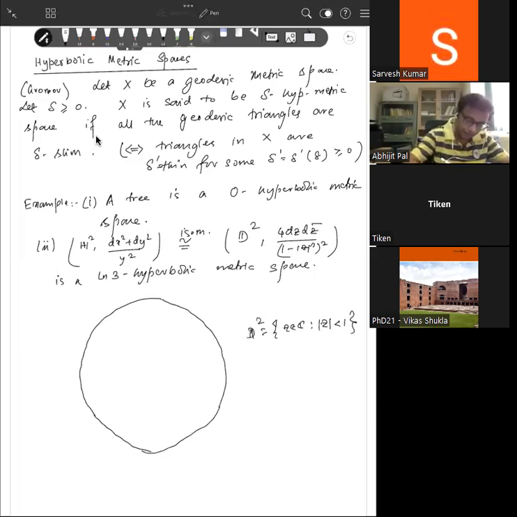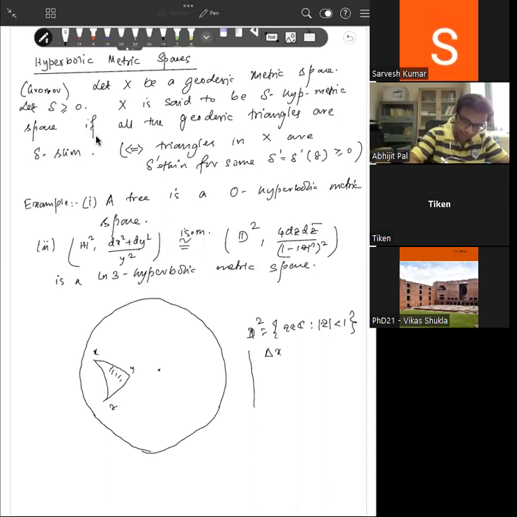Okay, and now you draw a geodesic triangle. So it will look something like this. Okay, so this is my geodesic triangle. Let us call this XYZ.